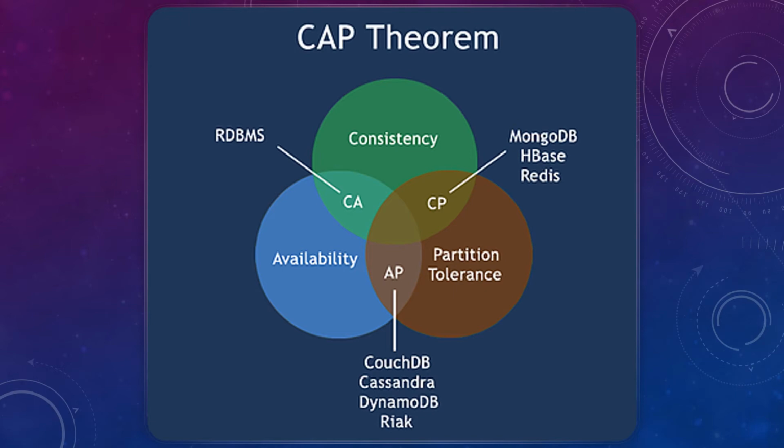ACID stands for atomicity, consistency, isolation and durability. Atomicity refers to transactions that are either completely done or failed, where a transaction refers to a single logical operation of data. This basically means that even if one part of a transaction fails, the entire transaction fails and the database state is left unchanged.